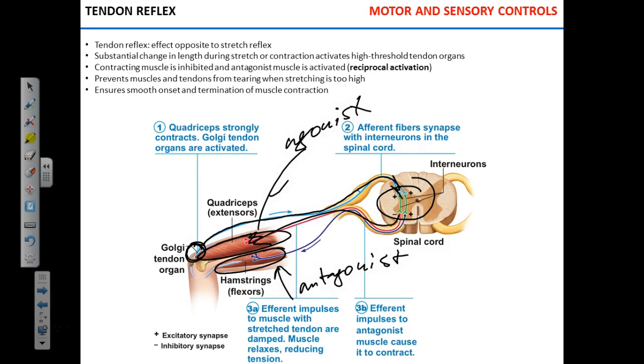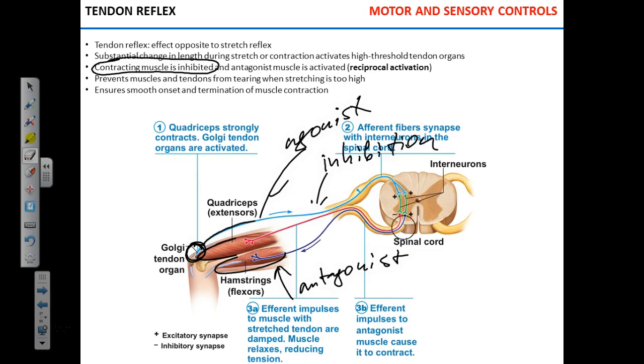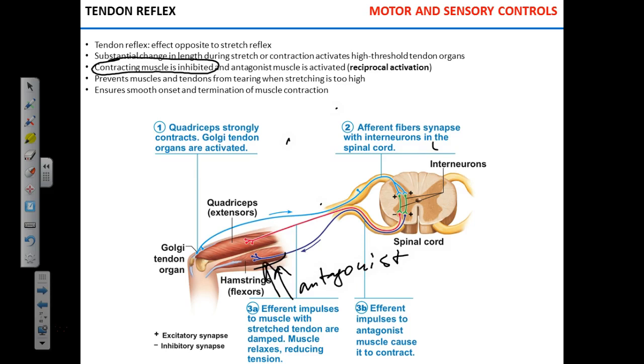In case of tendon reflex, the output to the agonist muscle is inhibition. Does that make sense? The red line is inhibition. And the output to the antagonist muscle is contraction, the opposite, to help relieve the tension.